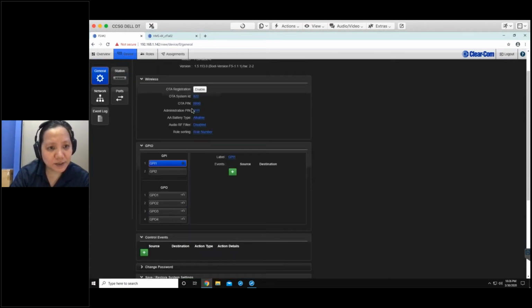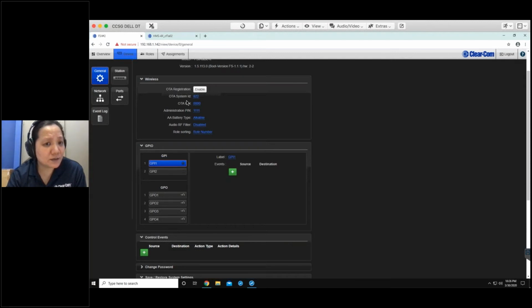Here is the wireless part of things. OTA is what we call over-the-air registration. You can register your belt pack without a cable, or you could plug it straight into the USB port of the base station with a micro USB to the belt pack, and that would register the belt pack to the base as well.